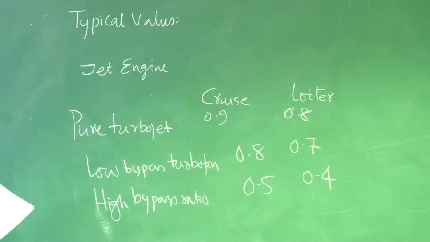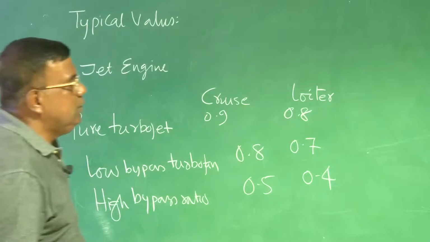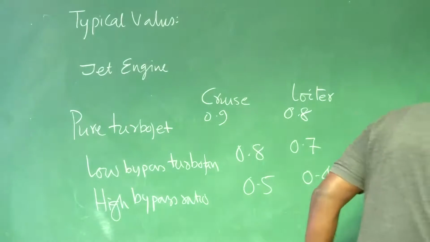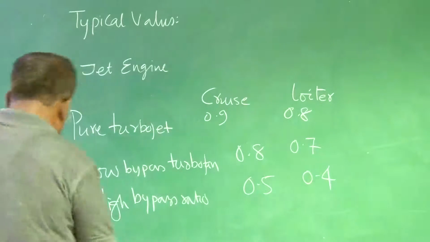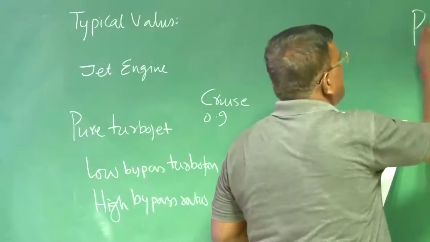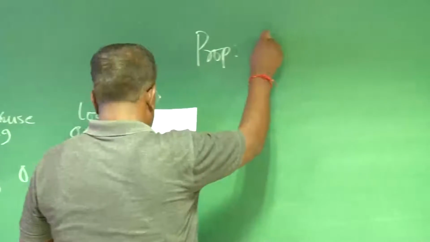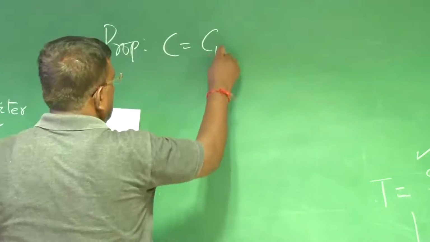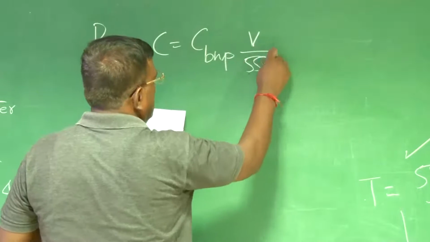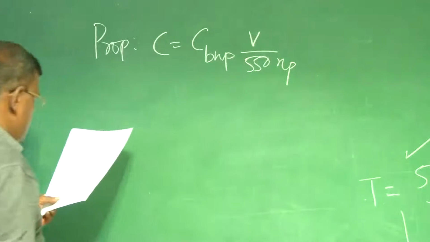Now when you come to propeller-driven engine, then the values are for propeller, C is equal to CBHP into V by 550 NP.